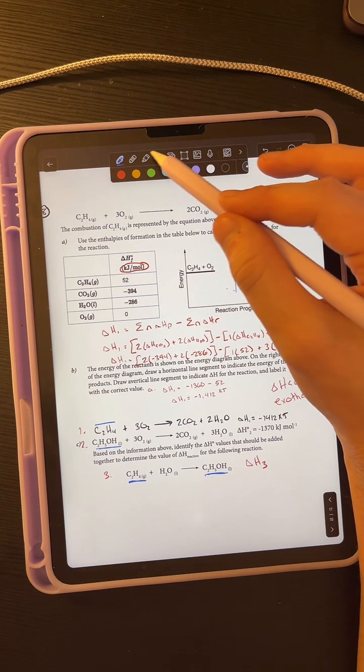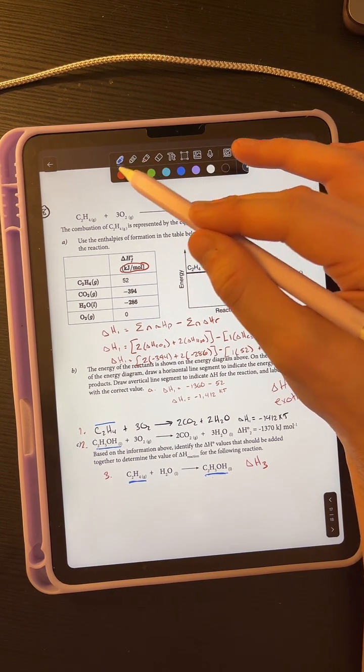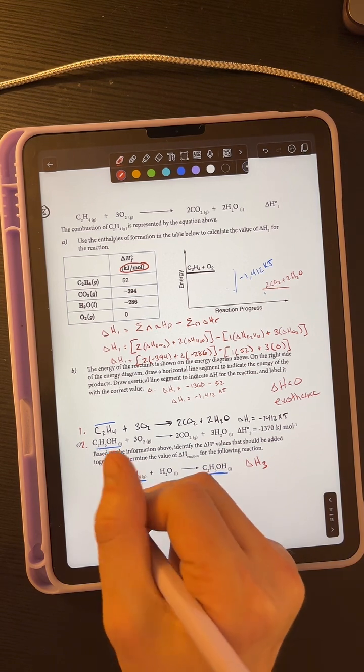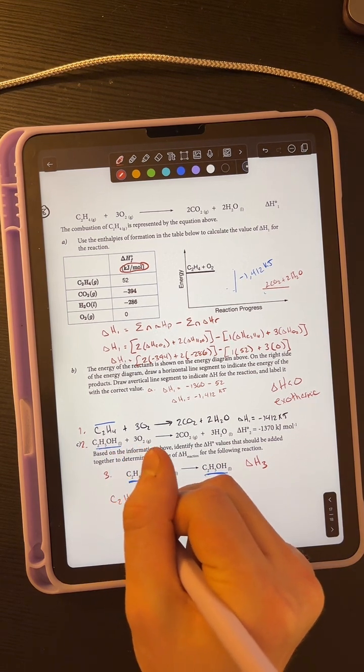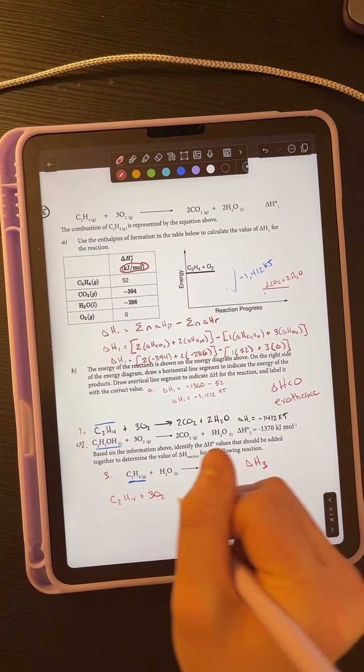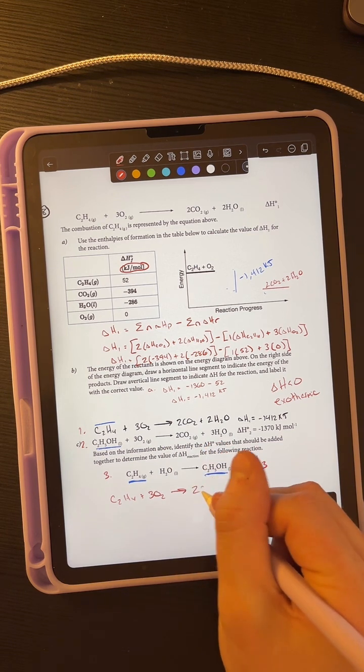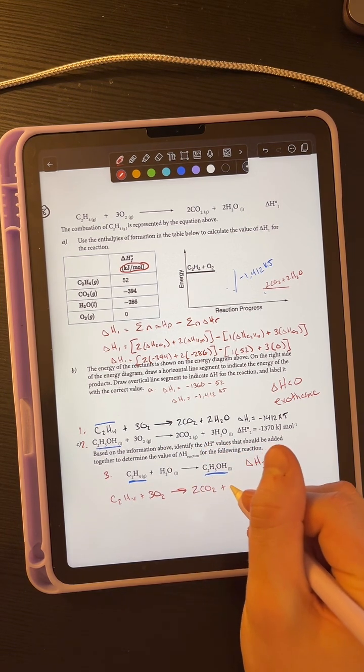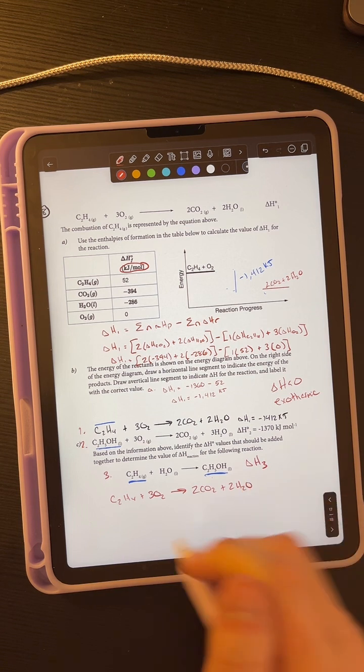Now what I'm going to do is rewrite both of them. So we have C2H4 plus 3O2 goes to 2CO2 plus 2H2O.